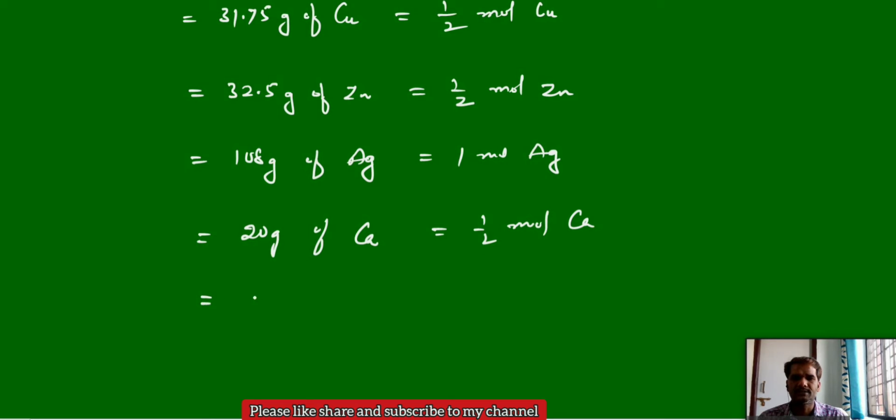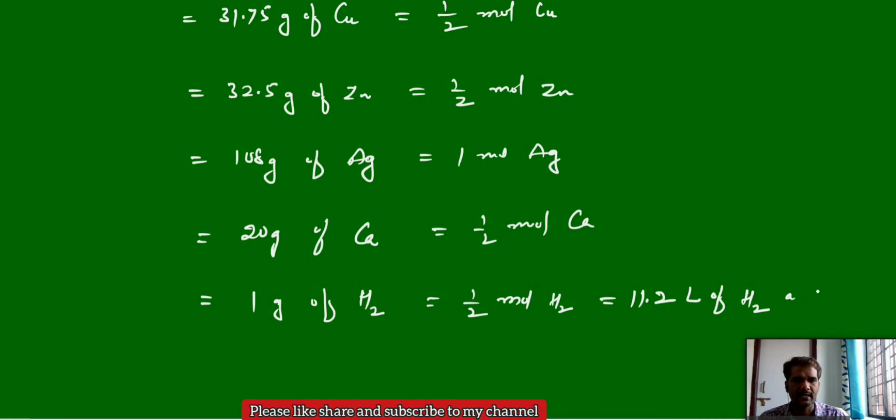And that also is equal to 1 gram of hydrogen, H2, half mole of hydrogen, again H2 molecule, or in terms of volume, 11.2 liters of hydrogen at STP. So with respect to volume, 1 Faraday equals 1 gram of hydrogen or half mole of hydrogen, or 11.2 liters of hydrogen at STP conditions.